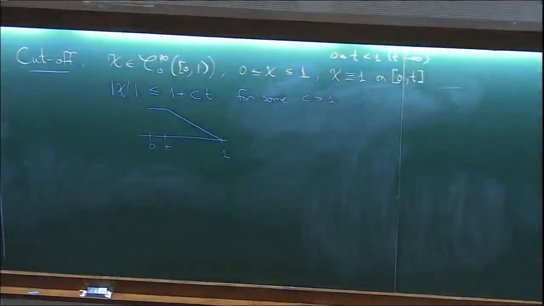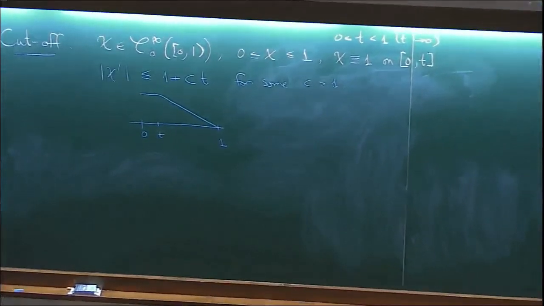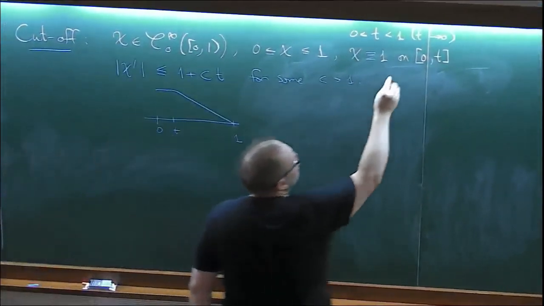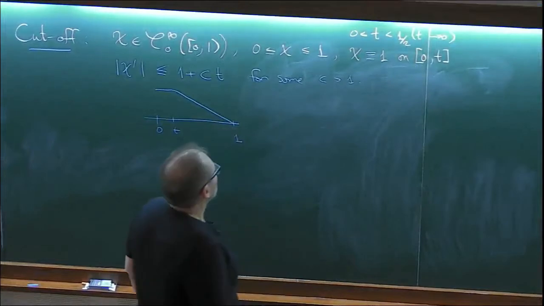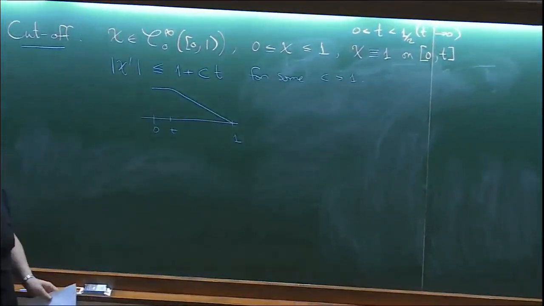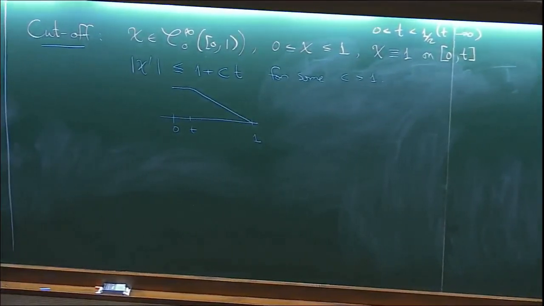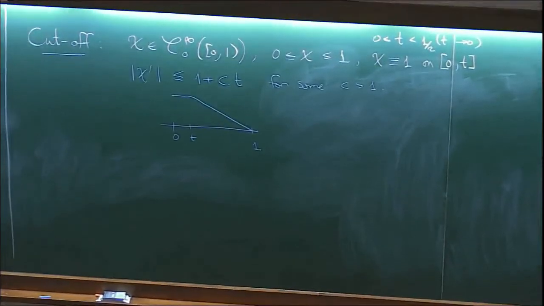But if t is small, maybe make this t less than a half, then you can have some c. C will probably have to be a little bit bigger than 2, but you can always arrange this slope to be just slightly bigger than 1. Okay?